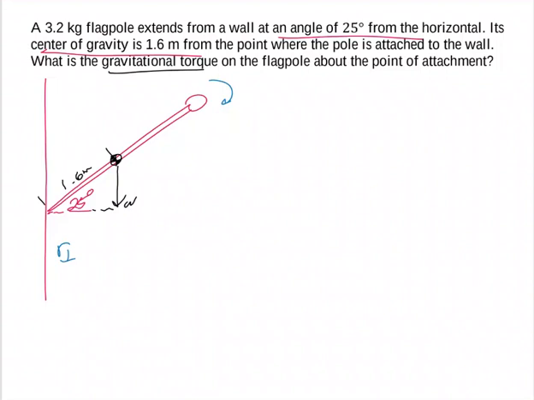Our 90 is here, and from the pivot, which is here, out to the center of gravity, which is where the force is being applied, that would be our R. So our R perpendicular equals 1.6 meters cosine 25 degrees.